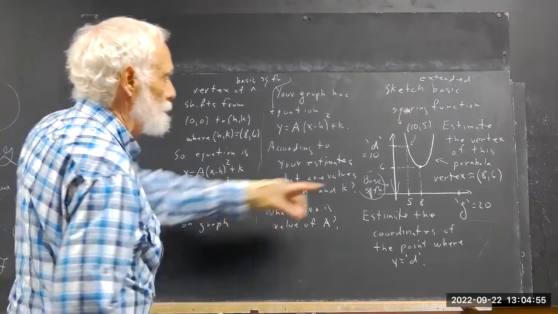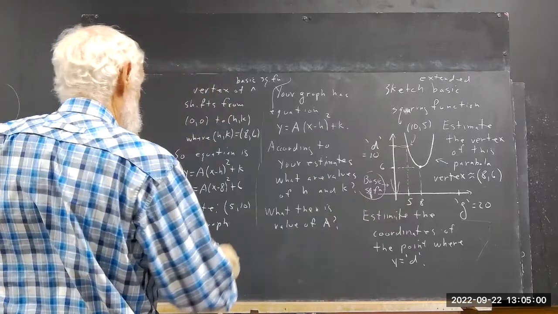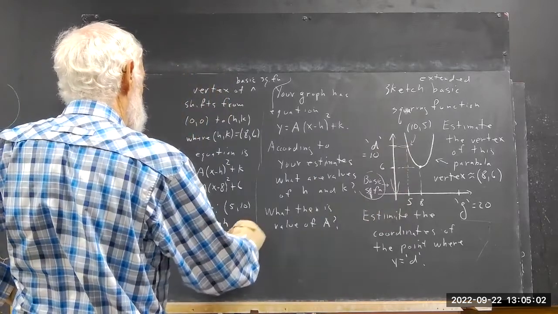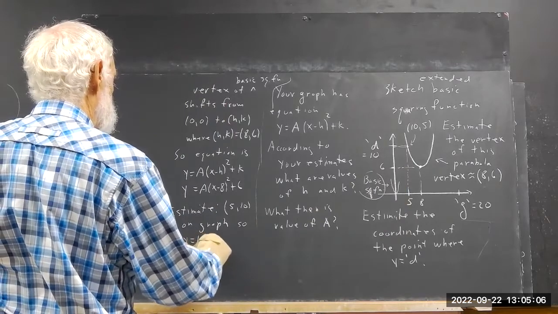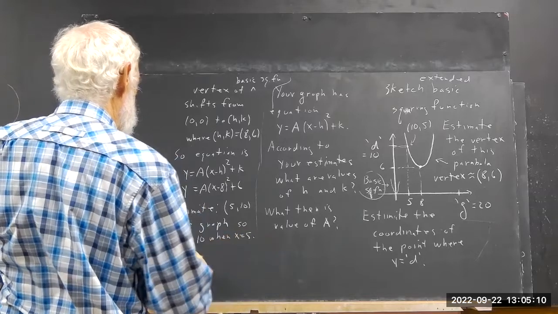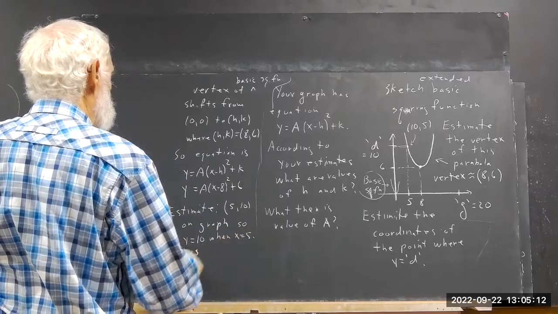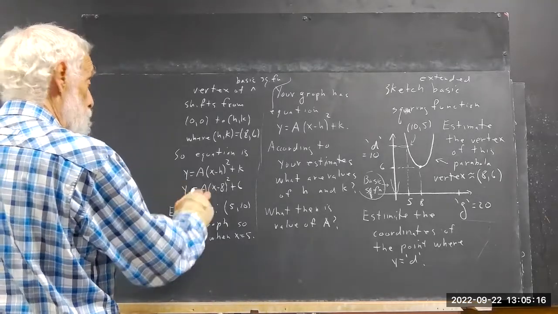Our estimate was that the point 5, 10, the point I asked you to estimate here, was on the graph. Y equals 10 when x equals 5. Thus, put 10 in here and 5 in here.